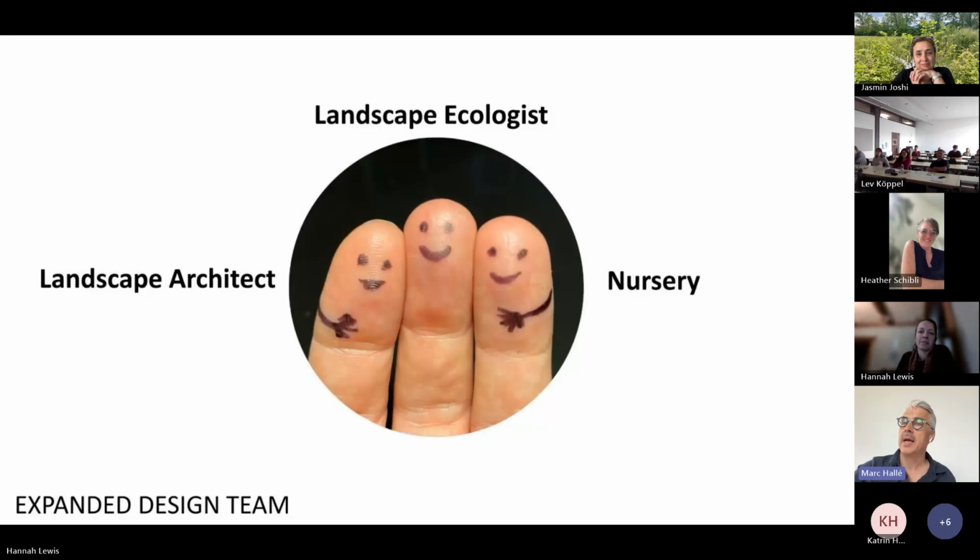But just before we do, this project was an interesting opportunity to introduce a new way of working. Normally, it's just a landscape architect, sometimes with an ecologist, doing this. But we have these super friends where there are three of us. The third partner, equally in this, is the grower, the nursery, who does seed collection all the way through to maintenance. Because they coming on will tell you exactly what's available.